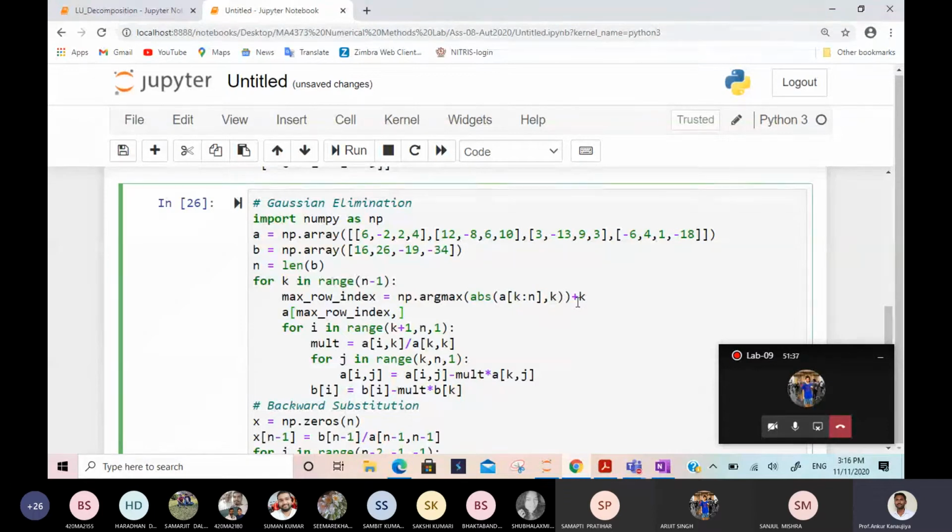Which row will you interchange with this maximum entry? The kth row. Because this code will give the maximum in the kth row, kth column. So that kth row entry will change with whatever maximum we got.